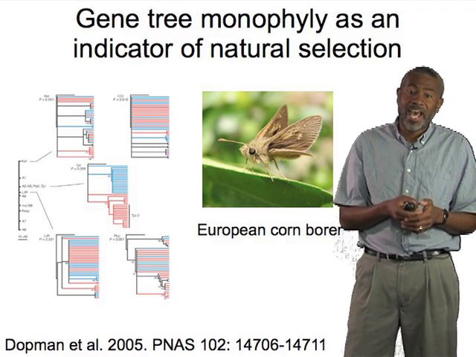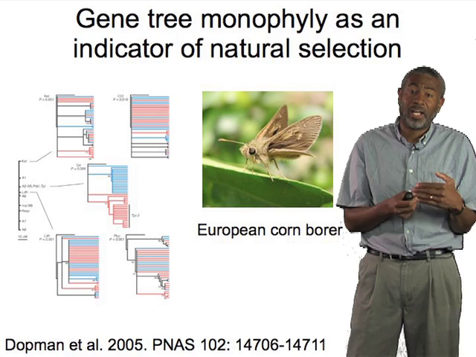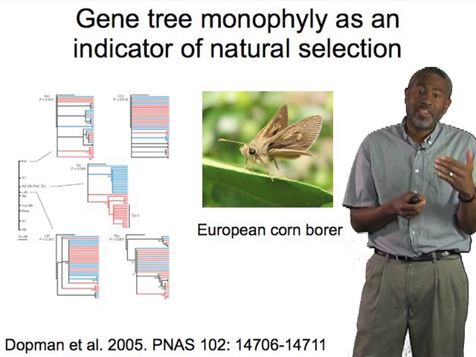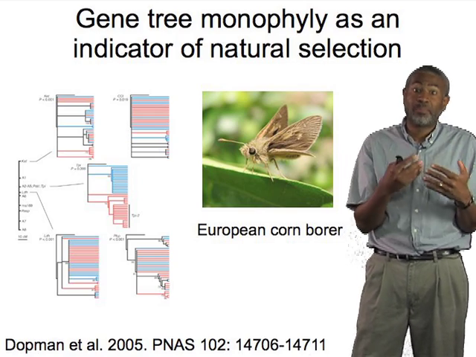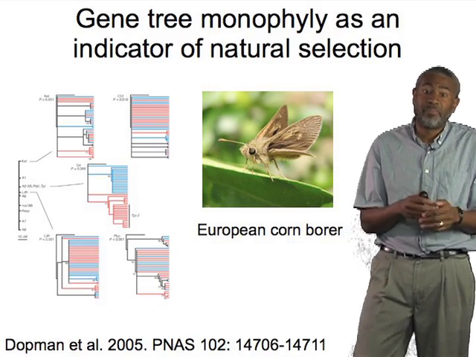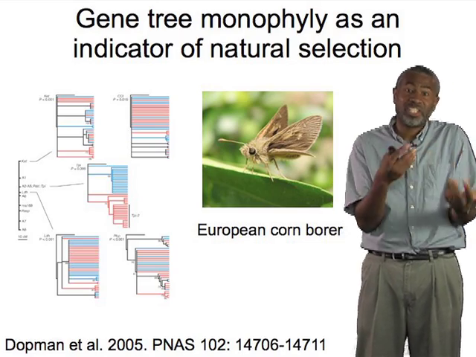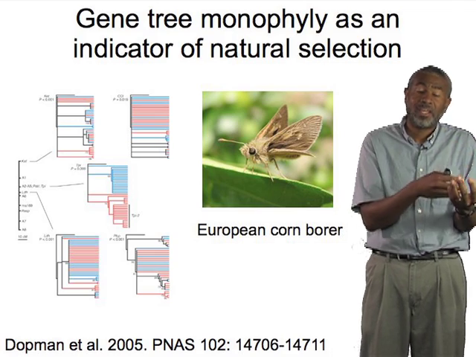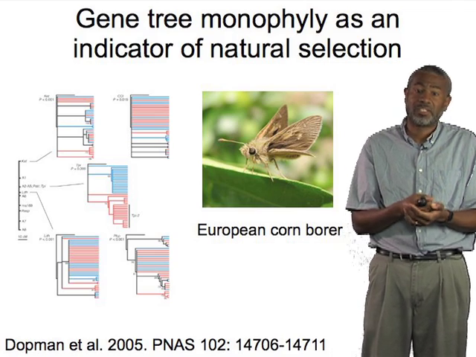What you can see is that for many of these loci, the red and the blue lineages are from different populations. For most of them, they're very mixed up. There's not a good distinction between the red and the blue populations.